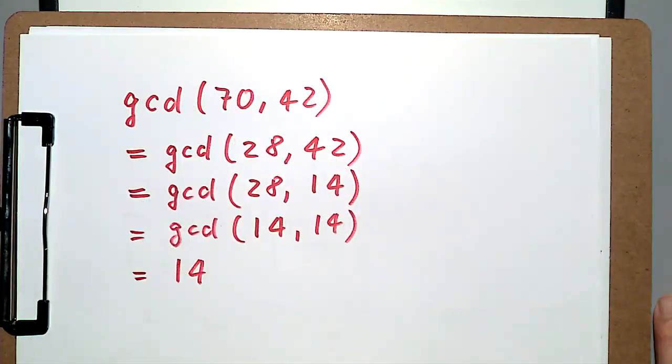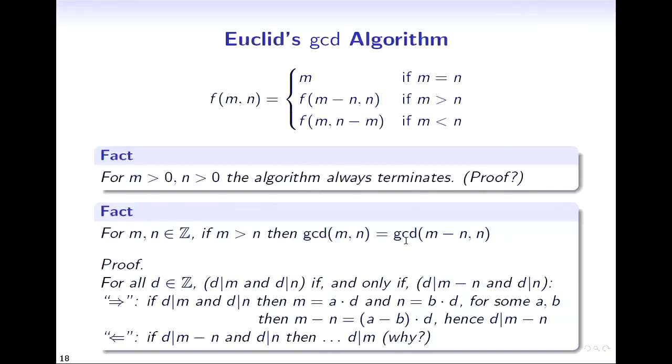But we can also say that this is true in general. And this is what this mathematical proof here tells us. The theorem says that for any two integers, m and n, if m is greater than n, the greatest common divisor of m and n is the same as the greatest common divisor of m minus n and n.